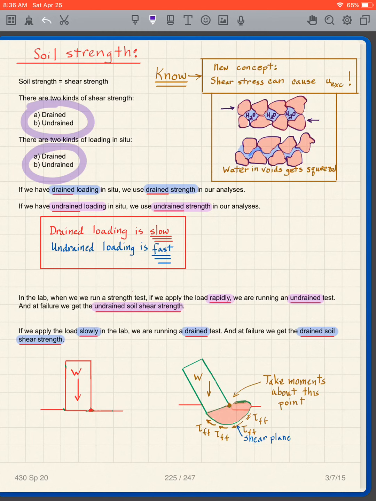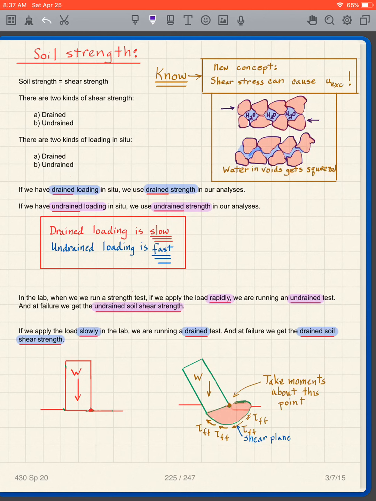We will talk about whether we're loading the soil drained or undrained. And the concept is that if we have drained loading in situ in the field, we use the drained strength in our analysis. And if we have undrained loading in the field, we use the undrained strength in our analysis.